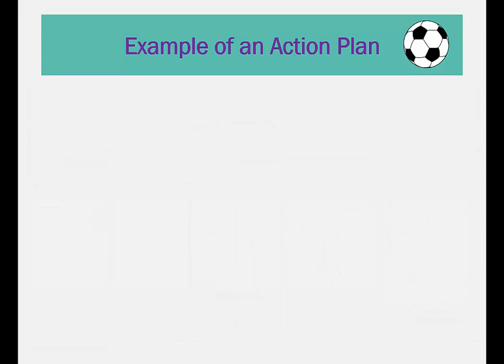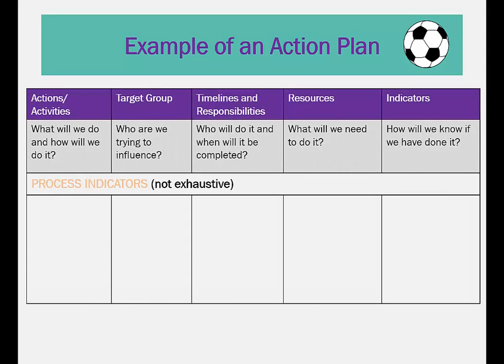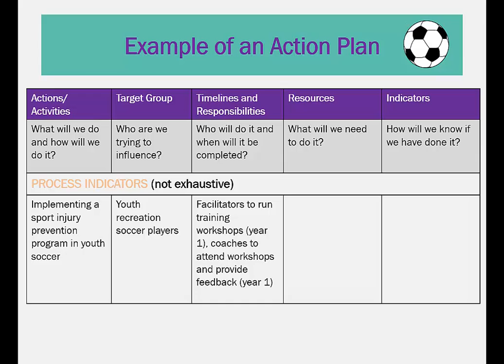Now, let's look at the process indicators for the Youth Soccer Sport Injury Prevention Program. Actions/activities and target group are the same as the previous slide. Timelines and responsibilities: in year 1, facilitators will run training workshops, and coaches will attend workshops and provide feedback.